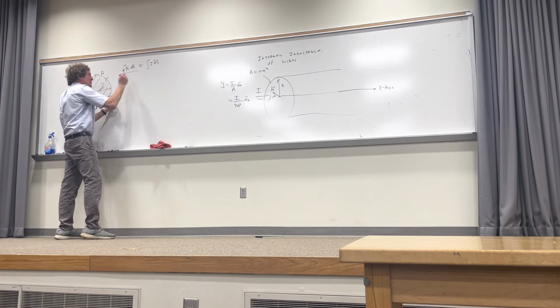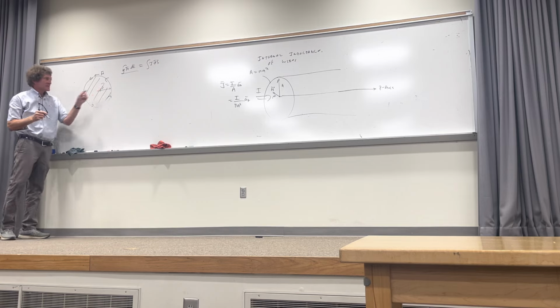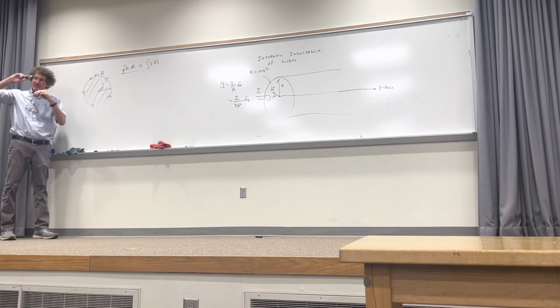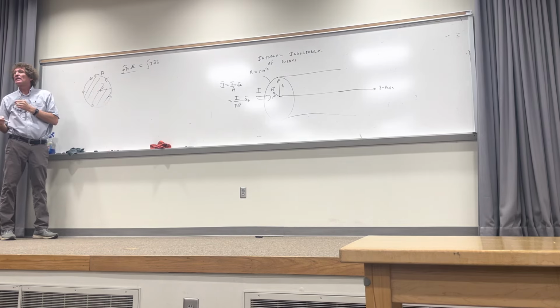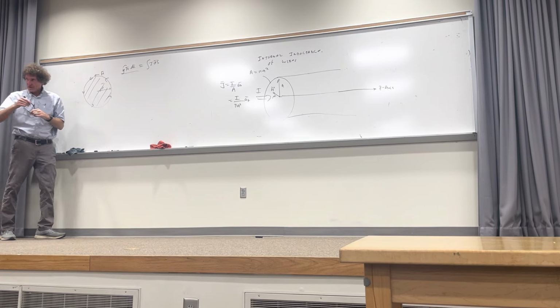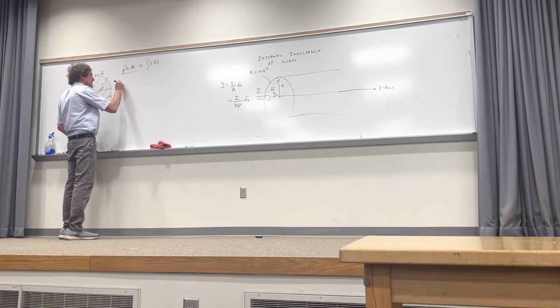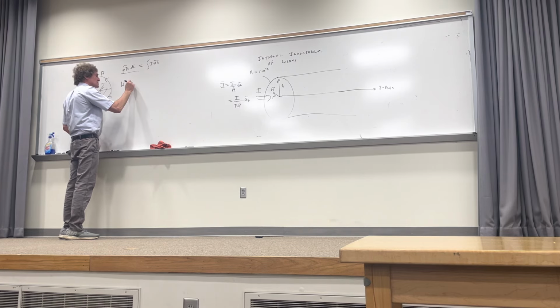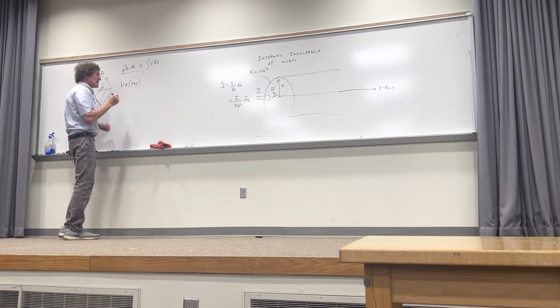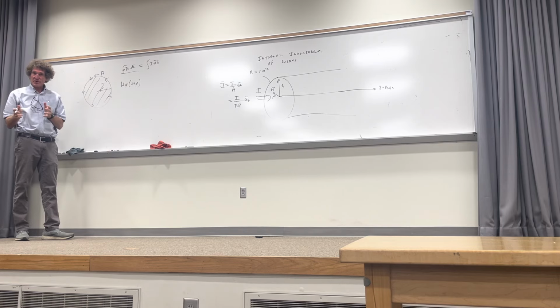What is the integral of H dot dl around a closed loop, class? 2 pi rho. It's just the circumference, 2 pi rho, times the H field at that point. So I can say that H phi times 2 pi rho, that's that integral, without going through it over again, right? We've done that many times.